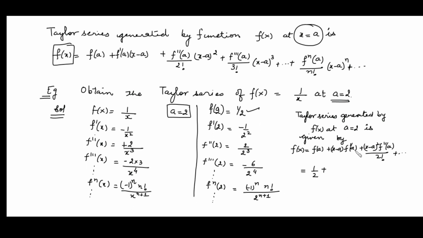Now you substitute the value f dash at a, it is minus 1 by 2 square with minus sign. The next term is positive, it is (x minus a) whole square divided by 2 factorial into 2 upon 2 cube, and so on. So this is the Taylor series generated by this function at a is equal to 2.